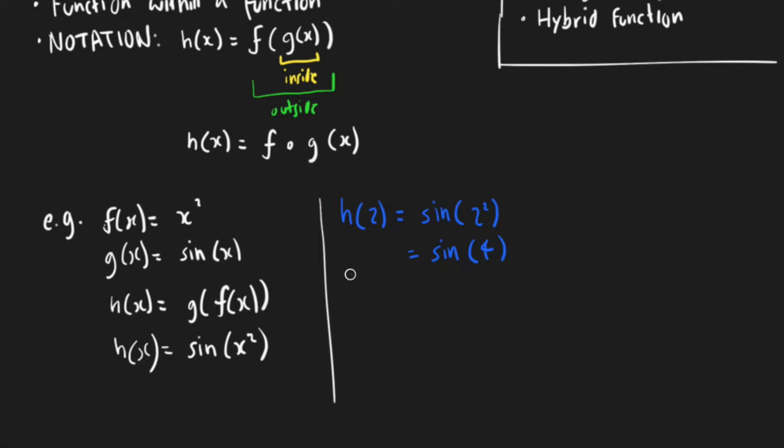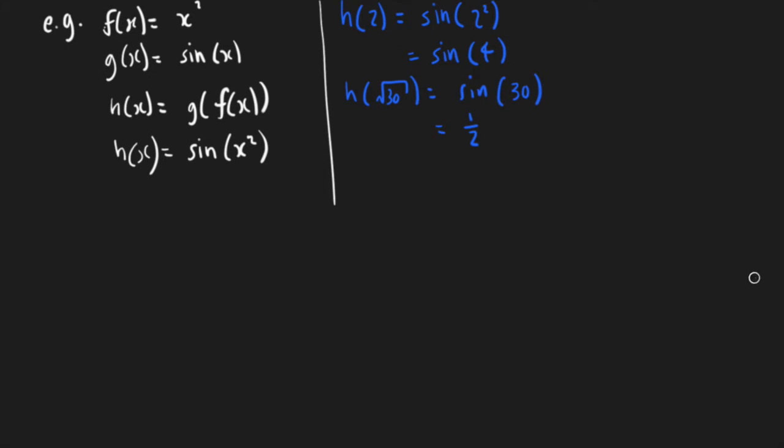Same with radians. You could do h of root 30, which is sine of root 30 squared, which will become sine of 30, and if that's in degrees, that will be a half. So you can do all your normal operations as usual.